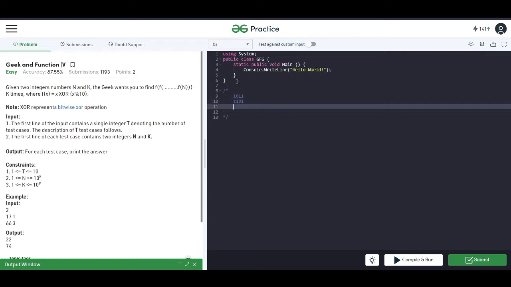If we perform the OR operation on these two numbers, the OR bit is always set in case either of the two bits is set. In the first case both bits are set, so the result will be set. In the next case either of the two bits is set, so the result will be set. In this case as well, and if both are set, again. So this is the OR operation.